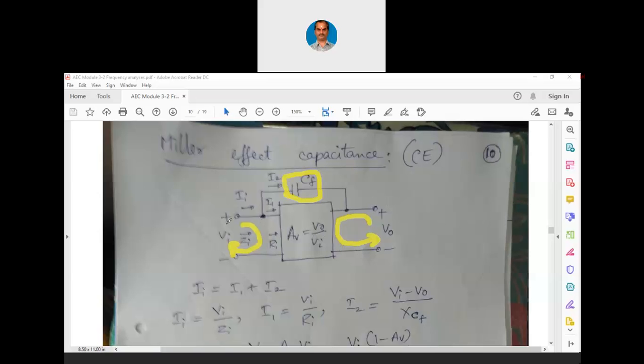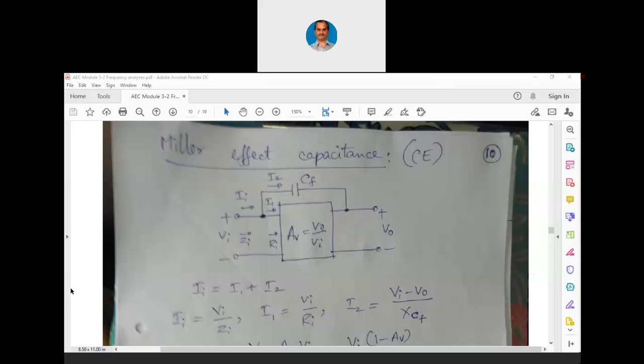That way we can independently have an expression for input and output, and we can combine them together by means of this Av itself. That is the idea here. Right now, as input and output are coupled by means of this capacitance, how do we model it, either in input or output? That is when Miller is helping us. So now, let us continue with this analysis.